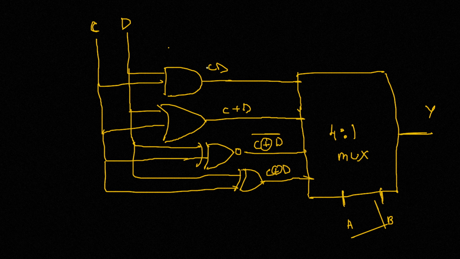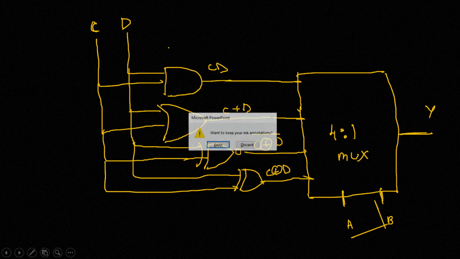And depending on what operation needs to be performed, you will have to use logic gates to get that particular expression and then select that as one of the input lines. So that is implementation of a four variable expression using 4 cross 1 mux.